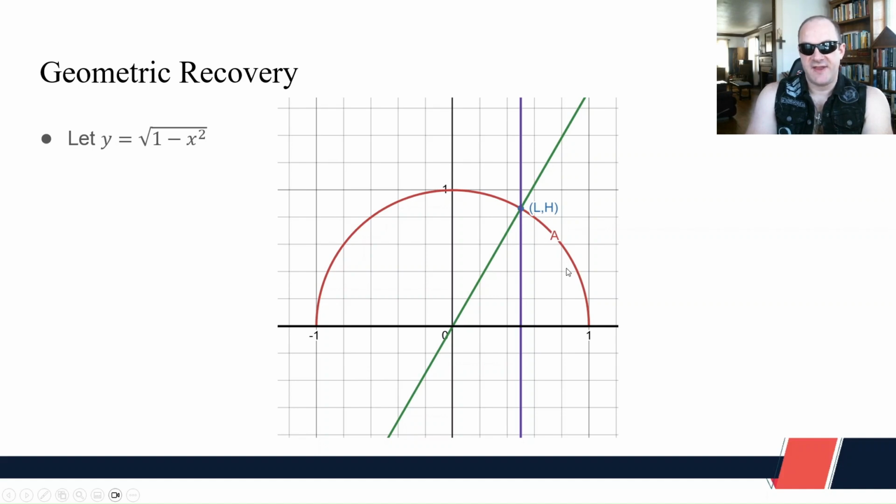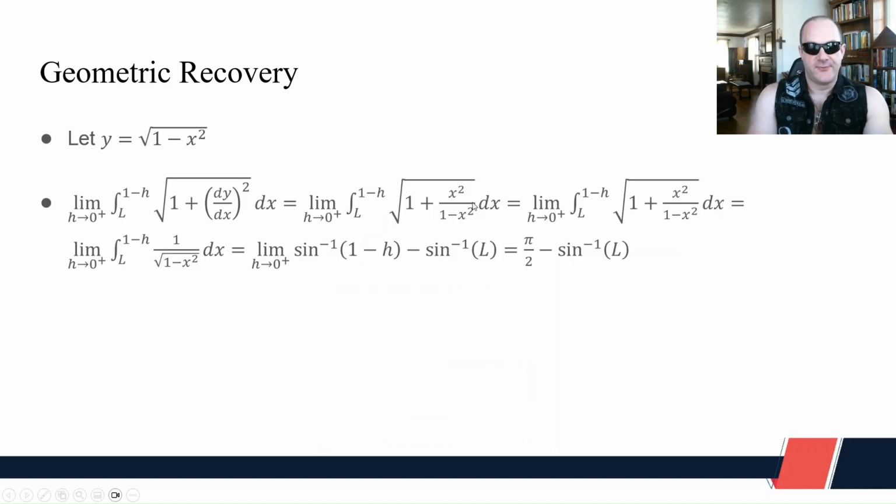So, because we're thinking about arc length, we are once again going to use the arc length formula. Again, we take the square root of 1 plus the derivative squared of this function here. We do the usual stuff. So we're integrating now 1 over square root of 1 minus x squared between L and 1 minus h.